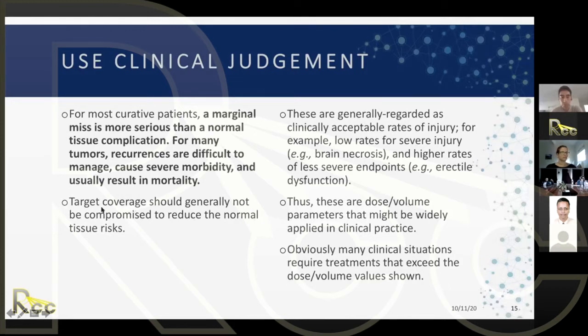So generally, you should prioritize target coverage over the normal tissue risks, but there's a way to strike that balance of getting good target coverage, but also being safe and avoiding dangerous toxicities.